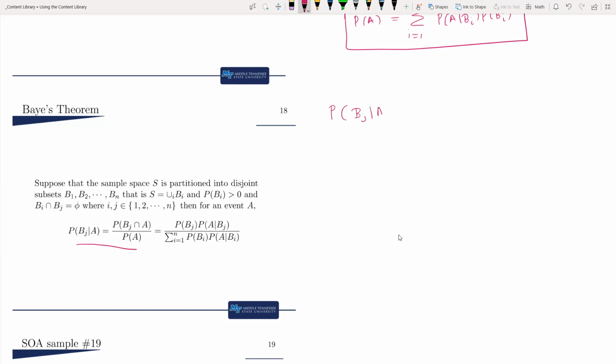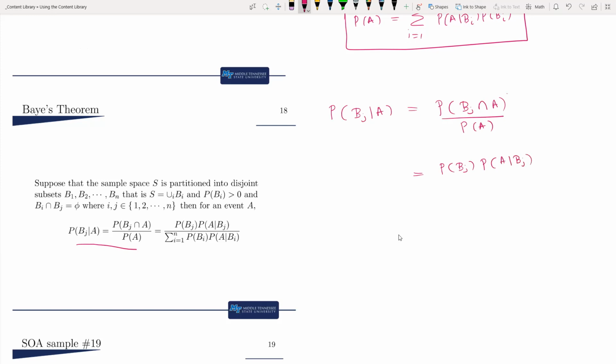Probability Bj given A. By definition of conditional probability, that's going to be probability Bj and A over probability of A. Now, the numerator part, of course, you can write using conditional probability times probability A given Bj.